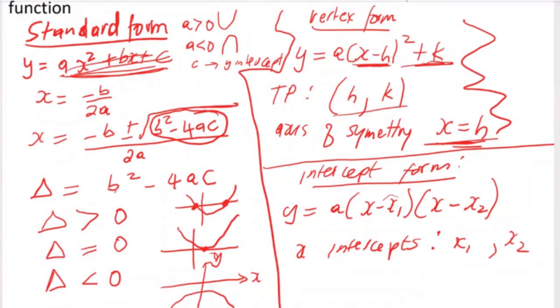You can get this one from the standard form. We use a method which is called completing the square, but we are not going to do that. It's not expected at this level. But you can get this form from that form. Okay, just be aware.